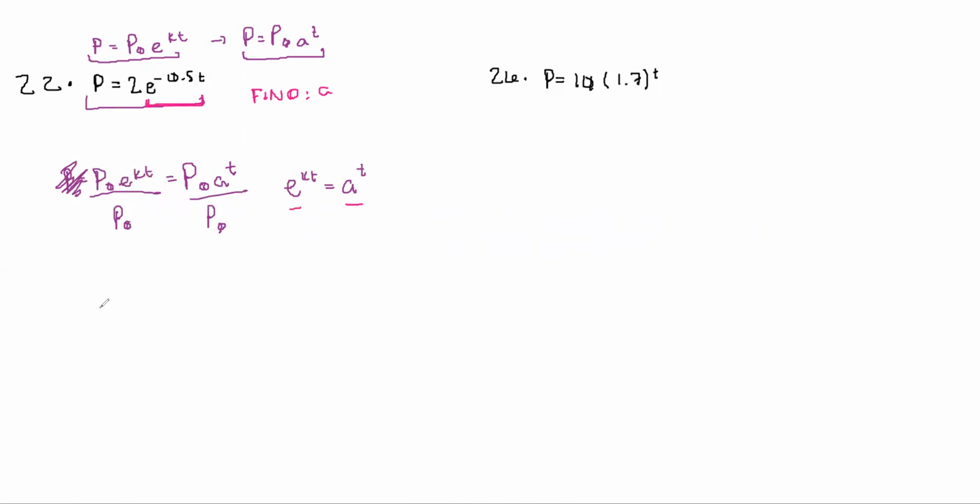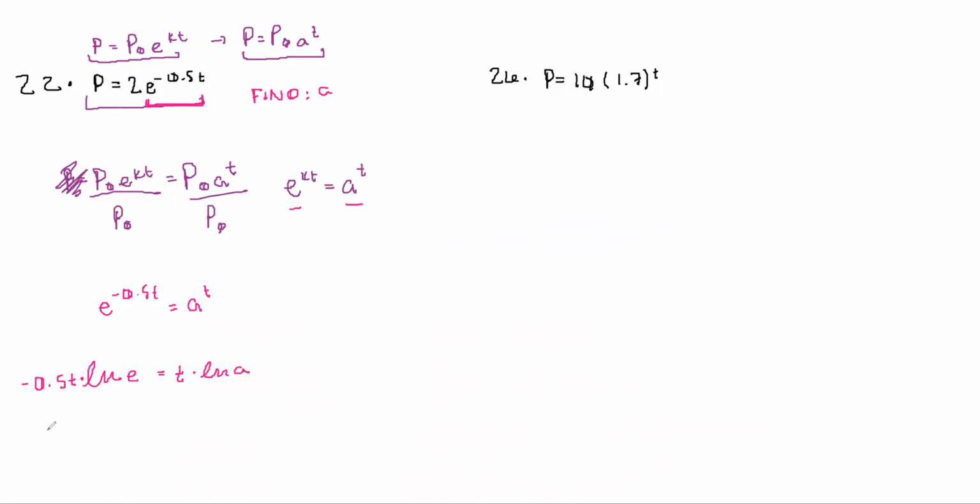So if I have e to the kt, or rather e to the negative 0.5 t is equal to a to the t, I can solve this by taking the natural log: the natural log of e to the negative 0.5 t is equal to t times the natural log of a.